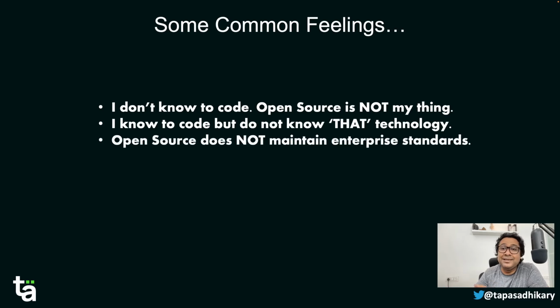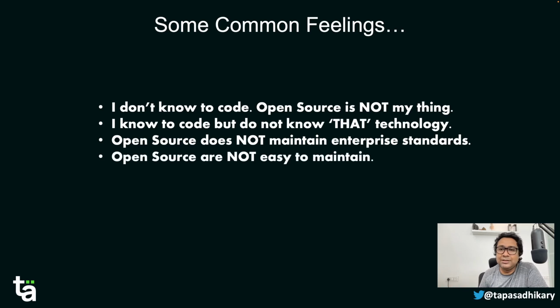Open source does not maintain enterprise standards. This is a myth. There are a bunch of open source products you might be using in your daily life where there are a bunch of people behind them maintaining all possible standards, right? Open source is not easy to maintain. It depends.